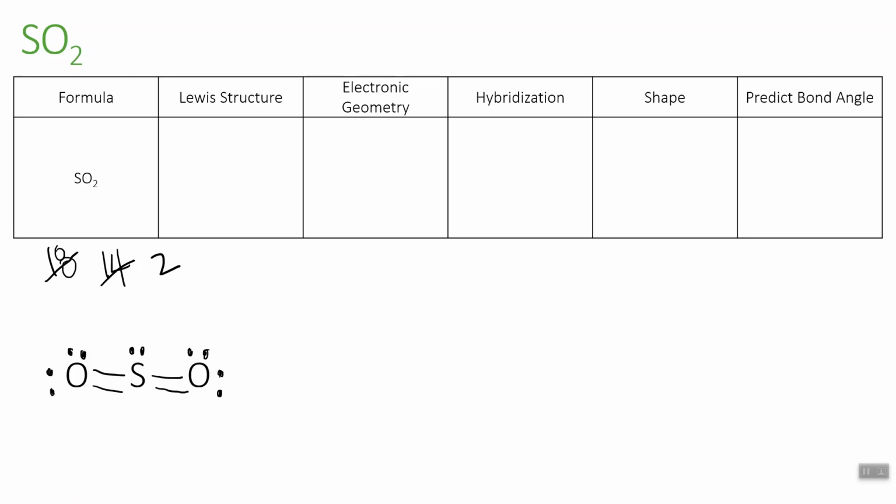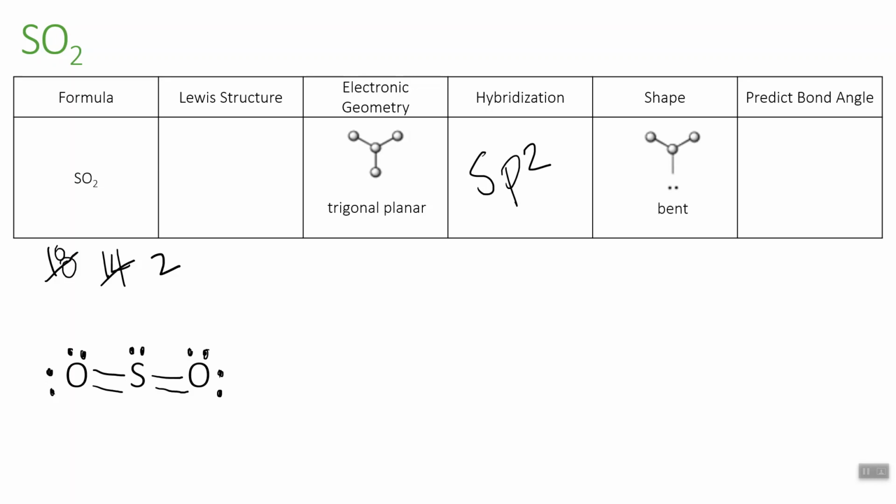So if you look at the sulfur, we've got two double bonds and a lone pair. That is 3 electron domains, so this is going to be trigonal planar. The hybridization associated with this is sp2. So what shape will this be?